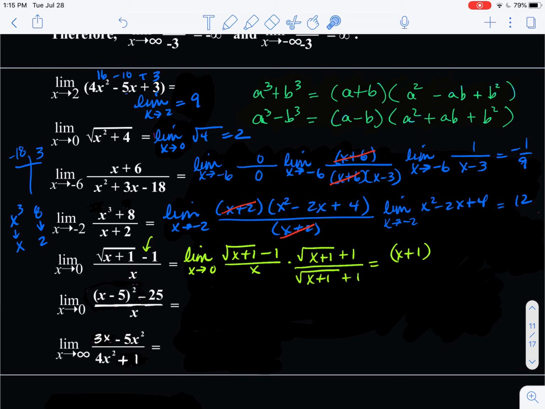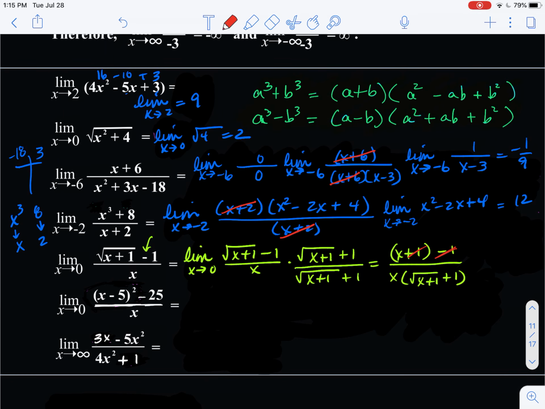Okay, so then I'm going to distribute the square root of x plus 1 times 1. That gives me the positive square root of x plus 1, and then I multiply negative 1 times the square root of x plus 1. That's going to give me the negative square root of x plus 1. So those terms cancel. So then I need to multiply the negative 1 times 1, and that gives me negative 1. All right, so now in the denominator, I've got x times this quantity.